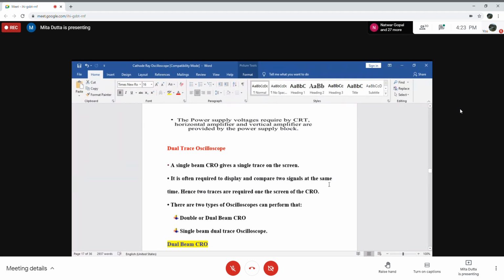But sometimes we need to display two signals simultaneously at the same instant of time. That is why we need a dual trace CRO.